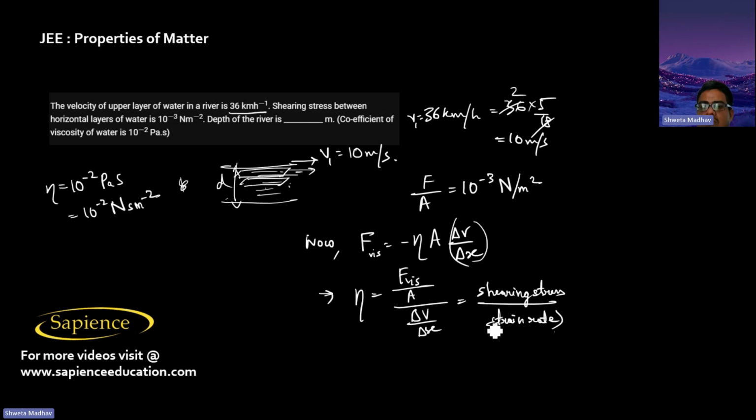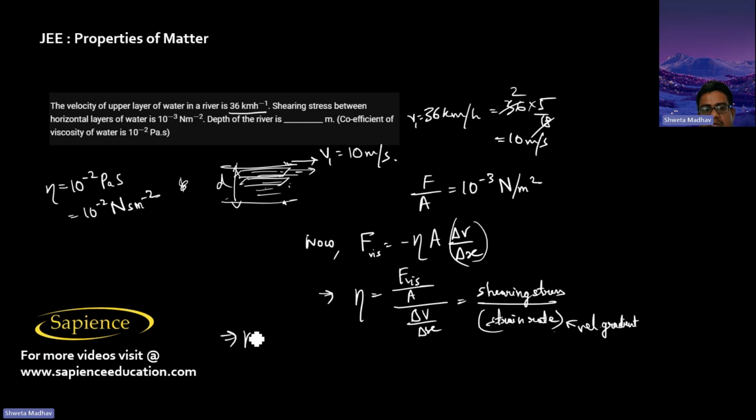Strain rate means the velocity gradient, which is the difference in the velocity by the separation between the layers.